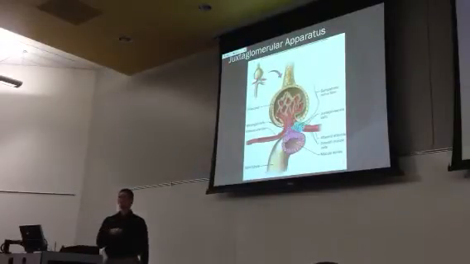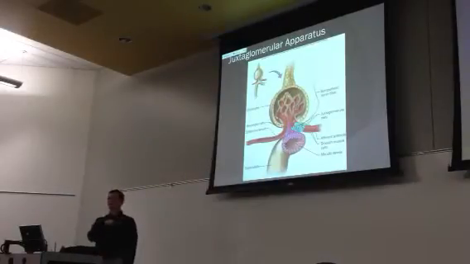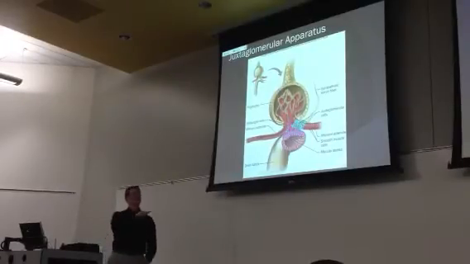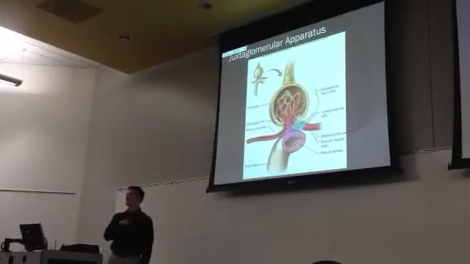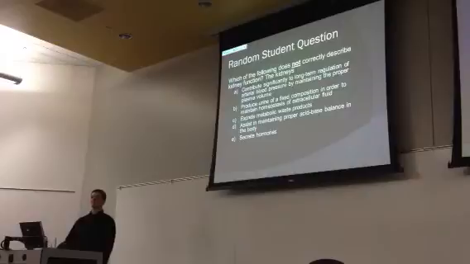We'll see what the function of those is. And also keep in mind, this is your typical arteriole, typical blood vessel, so you have smooth muscle wrapping. So you know, from what we've already talked about, you can constrict or dilate these blood vessels. All right, that's your renal anatomy.